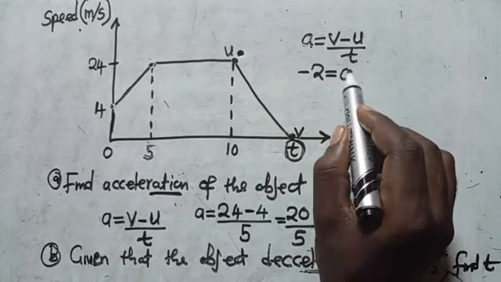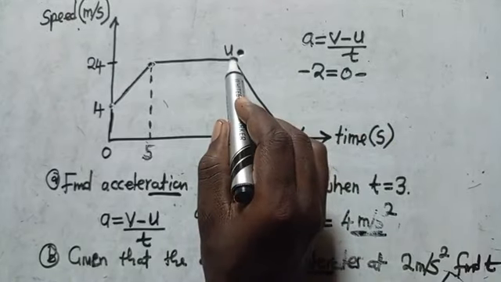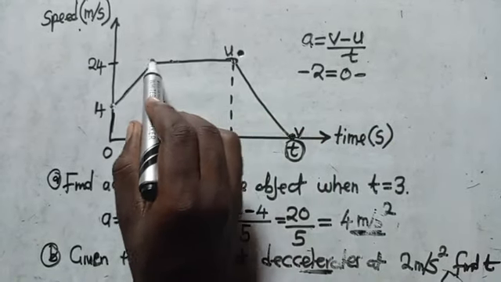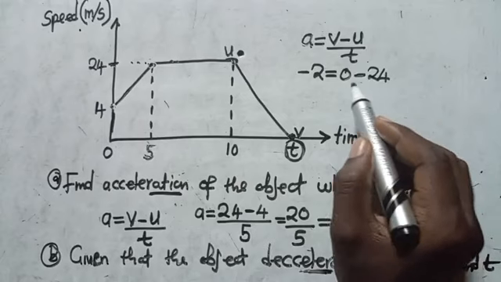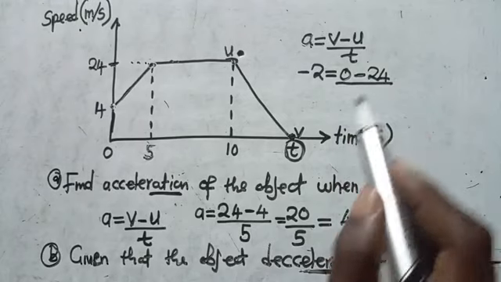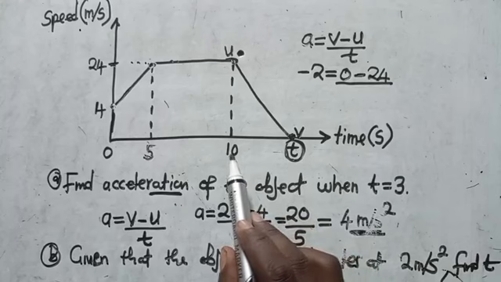I will say 0 minus the initial, the starting point. Starting from there, the speed is 24, over the time. I need to check the time interval between t and the 10.